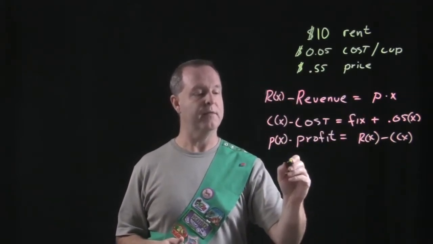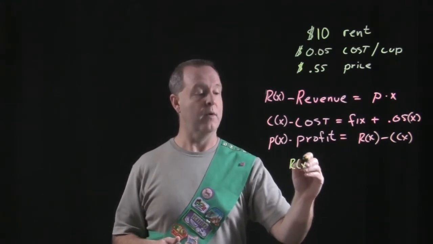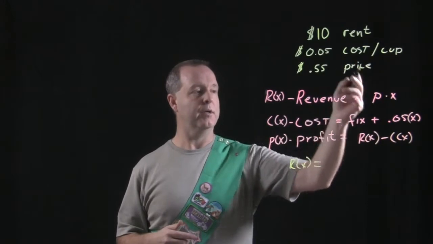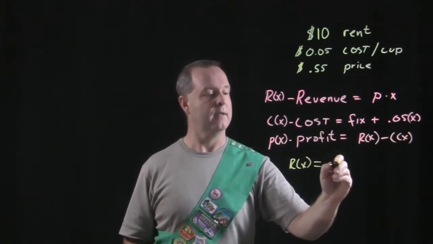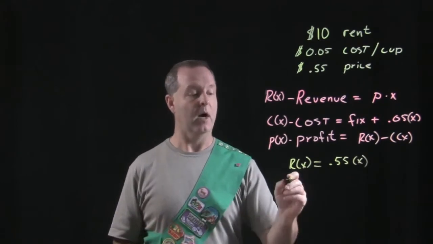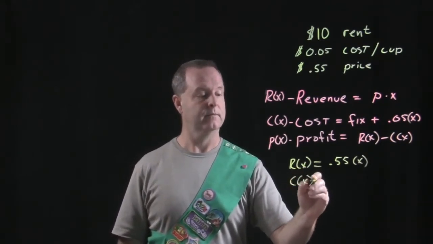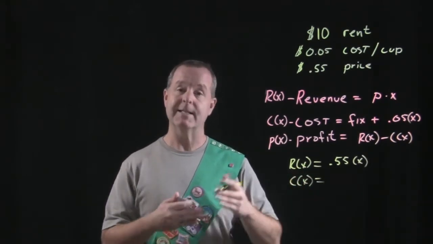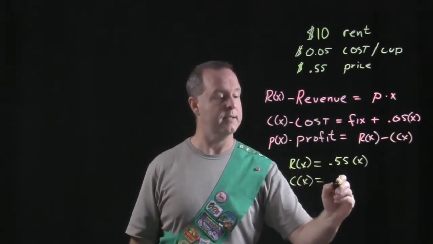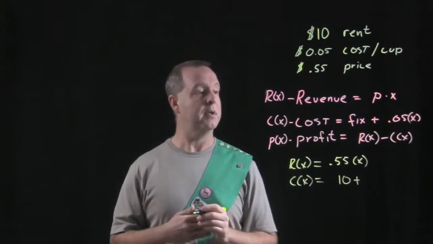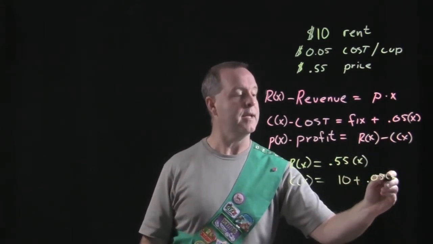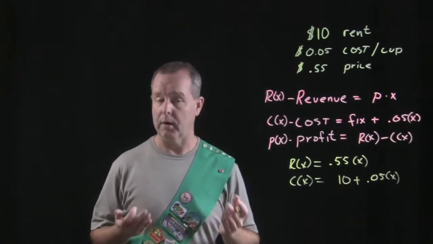So we have a revenue function with our particular set of data here, which is price per unit: 0.55 times the unit. Our cost function, since we know our cost is a function of how much we sell, is our fixed price plus how much it costs to make per unit, per cup.